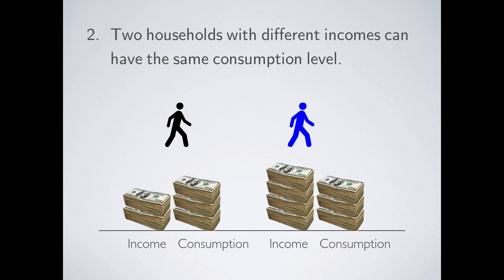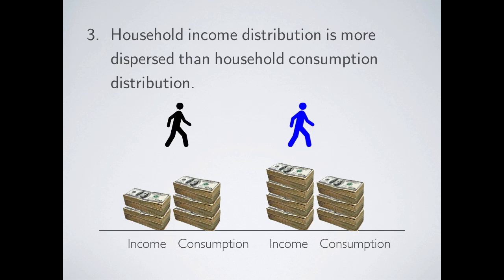So that's observation 2: 2 households with different incomes can have the same consumption level under consumption smoothing. And also, we will have observation 3. Sometimes we observe in the data that household income distribution is very dispersed. Like here, one household has 2 piles, the other one has 4 piles. However, household consumption distribution is very equal. So in this case, the 2 households actually have different income levels today, but they seem to have the same consumption level today.